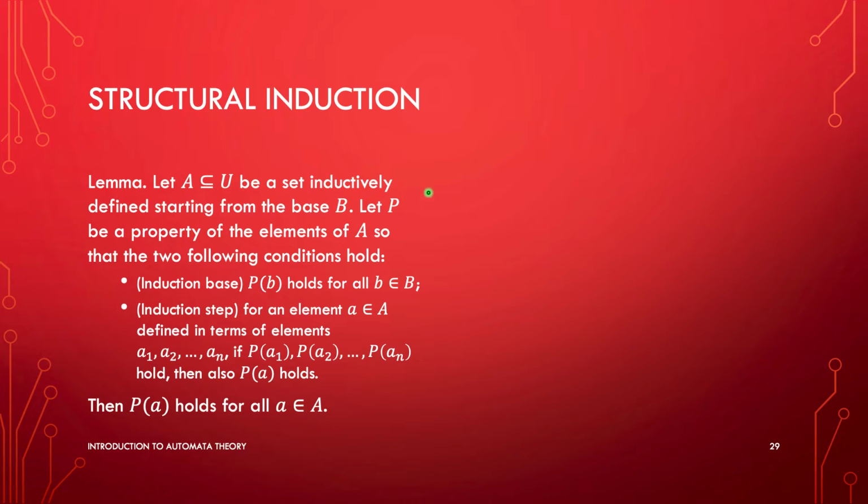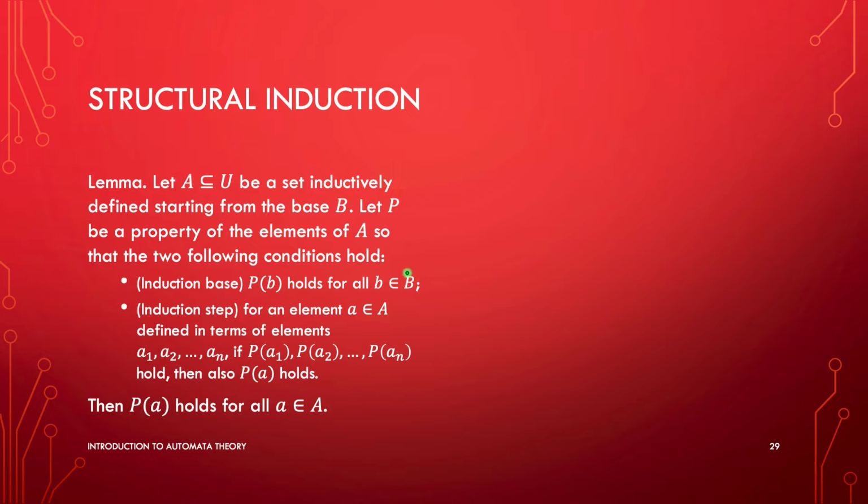If we have a set A that was inductively defined starting from some base B, and we have a property defined on the elements of A in such a way that the following two conditions hold.